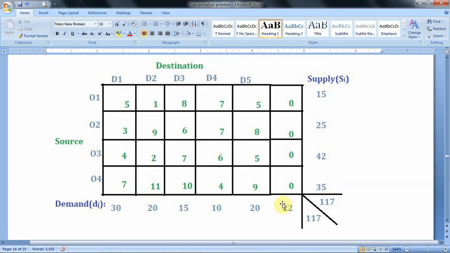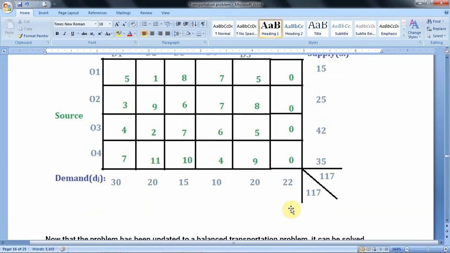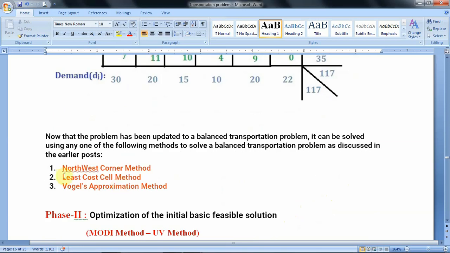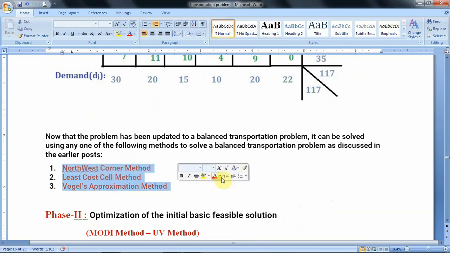Here 117 in the supply values and 95 units of demand. So the difference is 22 units. That can be the rim value, 22 units. Now this is a balanced transportation problem. Now this can be solved by any one of the above three methods.